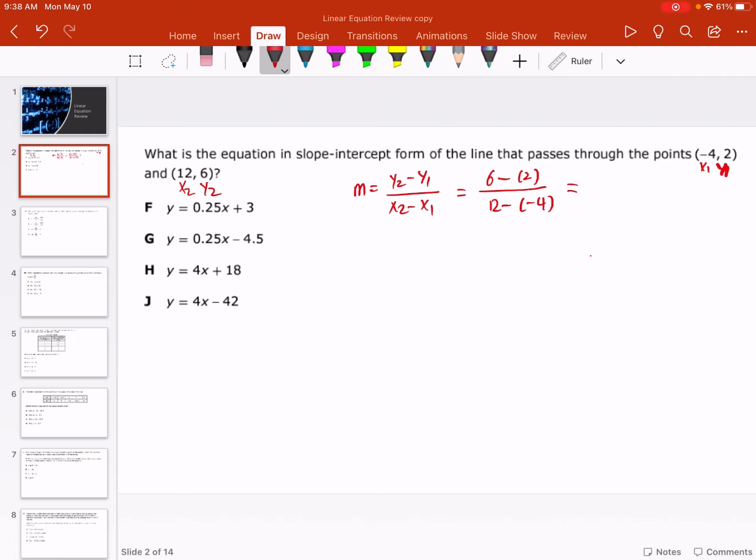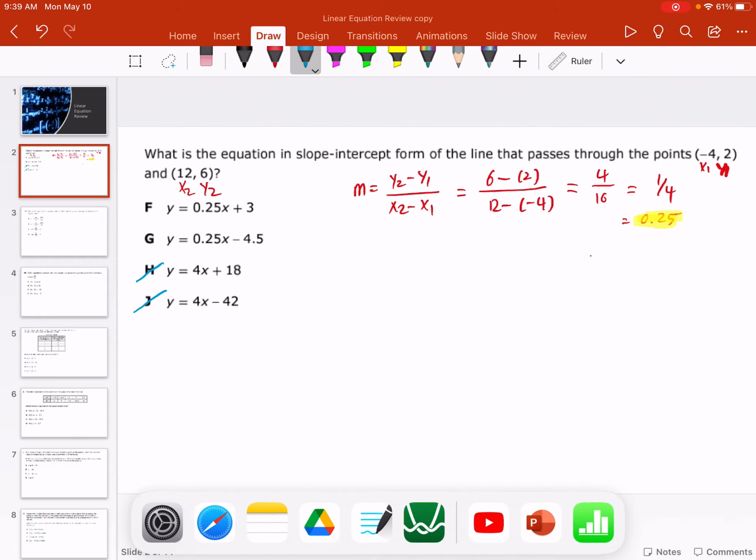If you do this, you're going to get 4 over 16, which is 1 over 4. If you change it to decimal, that's 0.25. If you're not sure, you can always use decimals. So, as you can see, your answer is going to be either F or G.